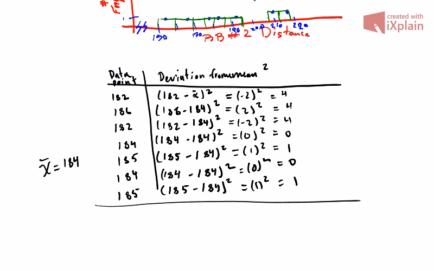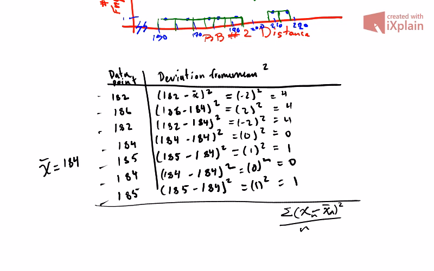So basically I'm going to take all of these elements that I subtracted the mean from, squared, add them up, and divide by the number of elements I have. Well, I have 1, 2, 3, 4, 5, 6, 7 elements.